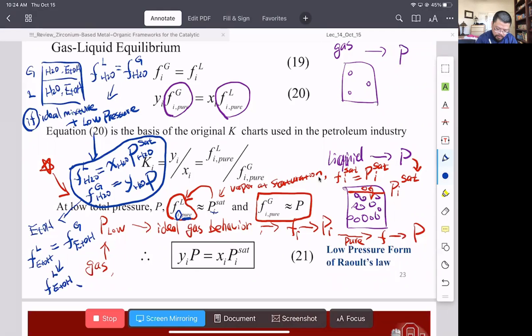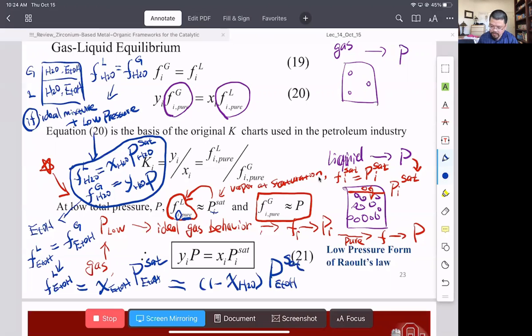Now, if we move forward, this in the liquid is x times the saturation pressure. We can also express this as 1 minus x water because we only have two components in the liquid phase, right? Times the saturation pressure of alcohol over there.